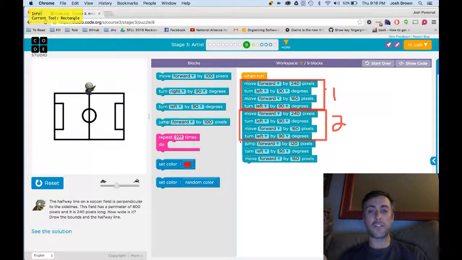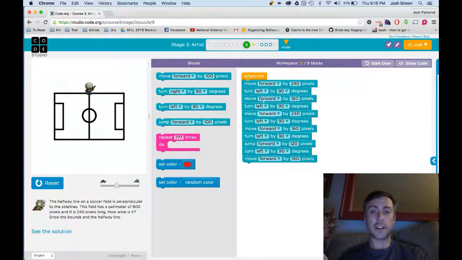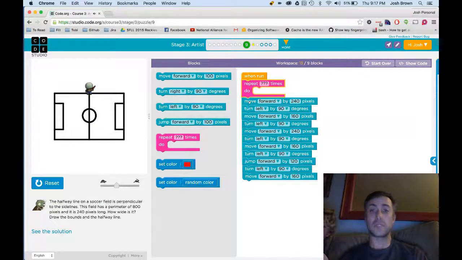If we look down further, we notice that these blocks down here are a little bit different. So they're probably not candidates for the repeat block. So let's take a stab at putting this within the repeat block and see what happens.